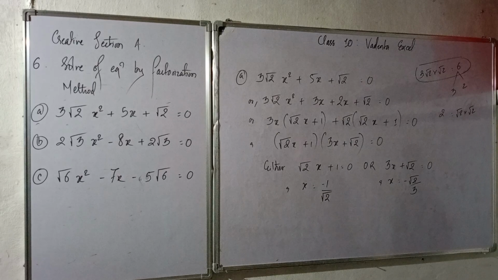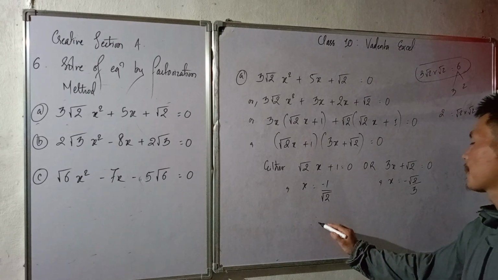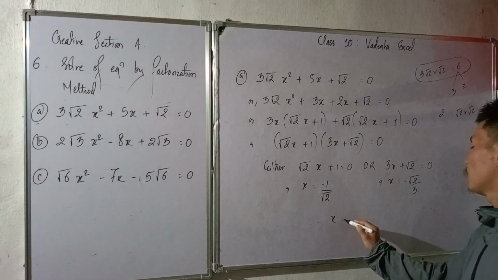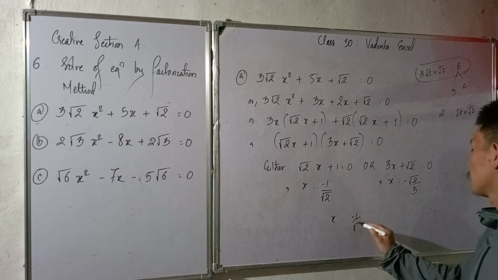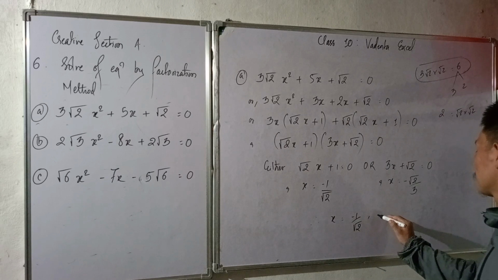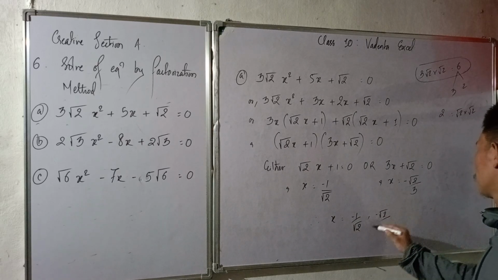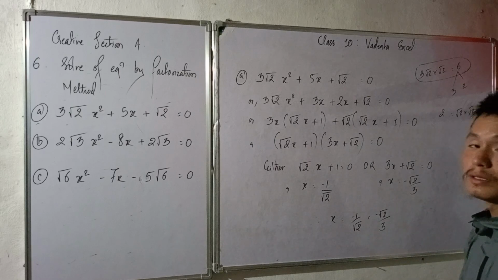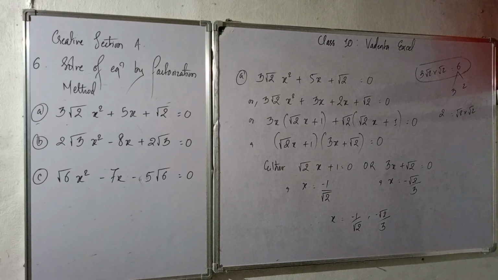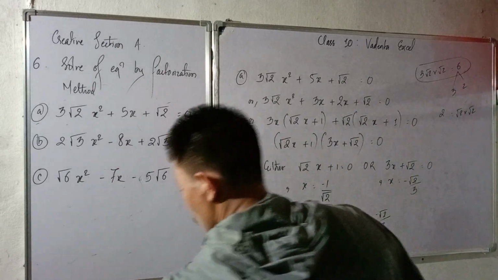And this is how you do it. Therefore the values of x are minus 1 by root 2 and minus root 2 by 3. This is number A done. Similarly you can do number B and C also, just like I have done here.